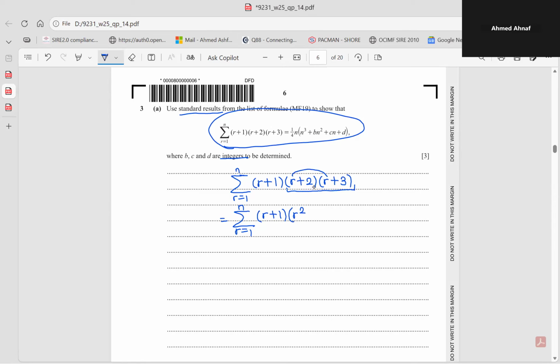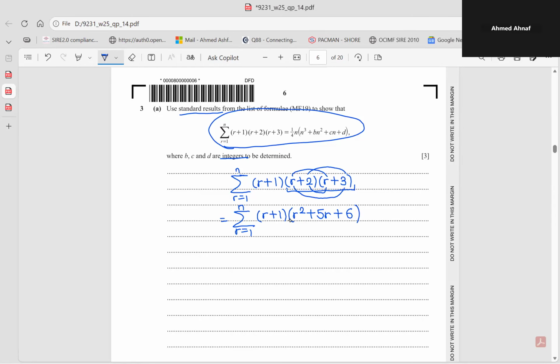Then multiply 2 with r, that's 2r. And for r, we multiply with 3, that's 3r. So 2r plus 3r, that's 5r. And multiply 2 with 3, that is 6. So this is the final expanded form of r plus 2 times r plus 3.